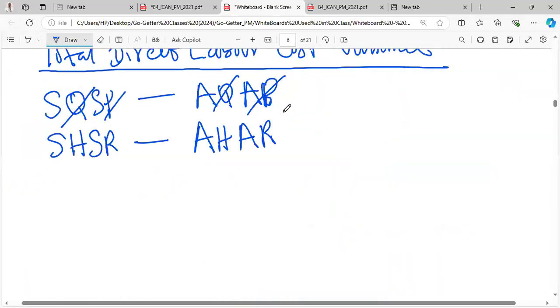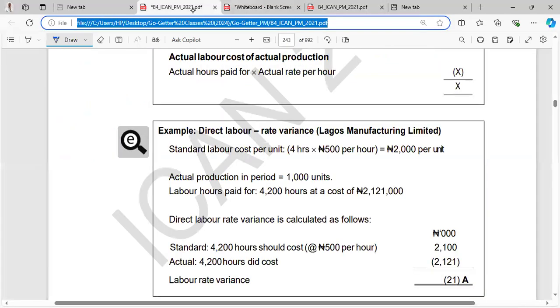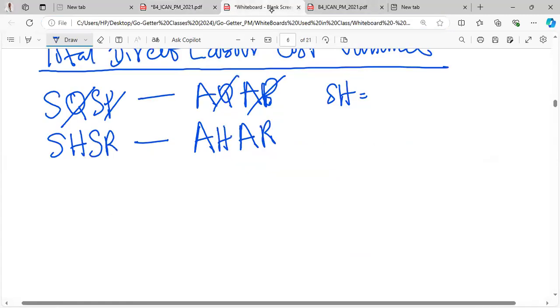So what's our standard hours? Standard hours is 4 hours per unit, times 1,000 units, which will give me 4,000 hours.